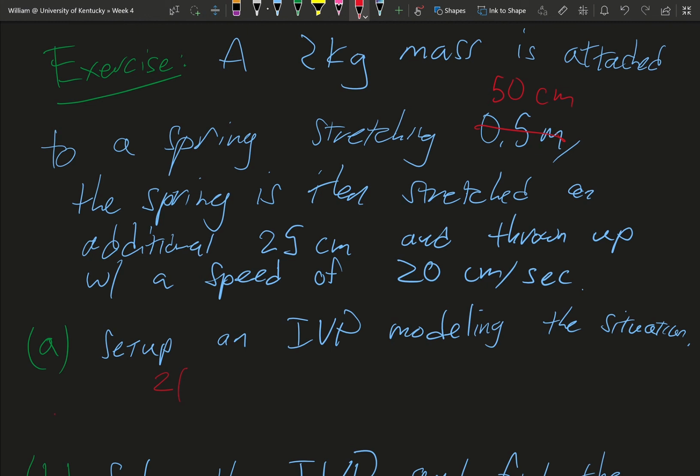And then our g is going to be 980 centimeters. So we have 2 times 980 equals k times 50. And we should get that k is equal to 39.2.